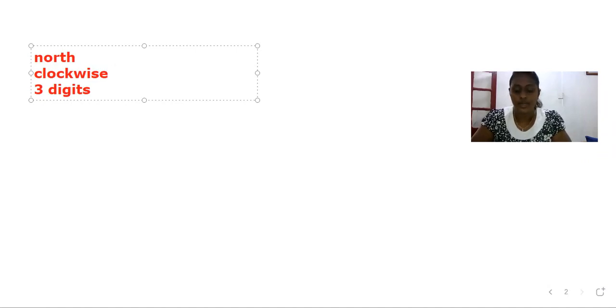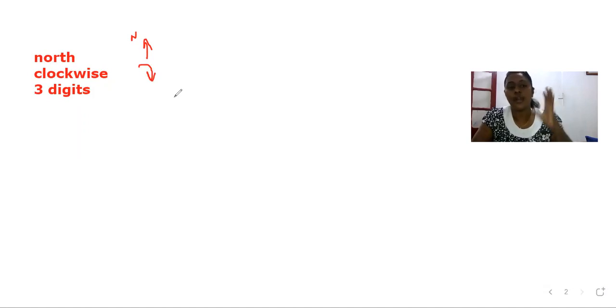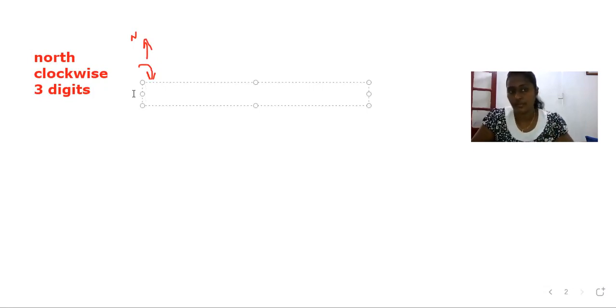bearings, right? Clockwise, you all know what is called clockwise, right? This is respective to north only we do this, and want to think about the clockwise direction, and whatever the degree value you have to express it with 3 digits. For example, think you want to draw an angle of 2 degrees, then you represent it in this way.